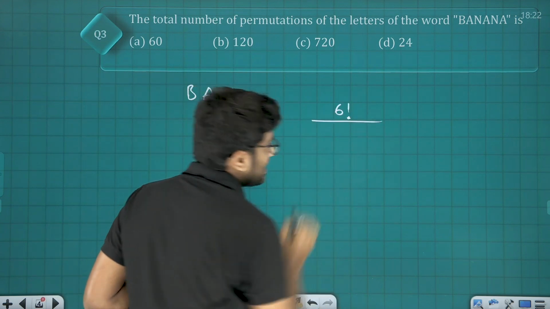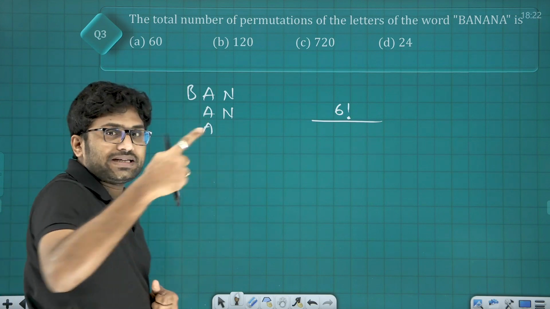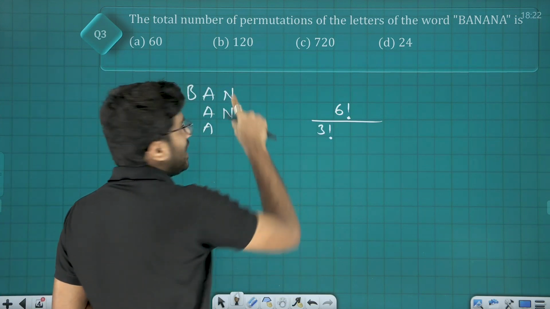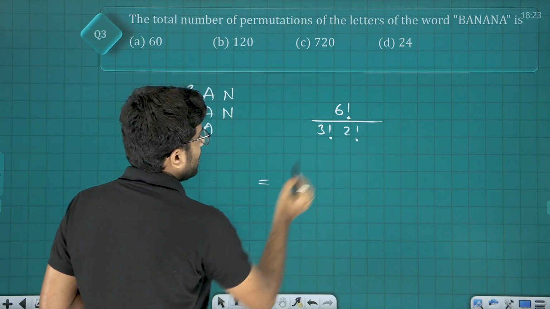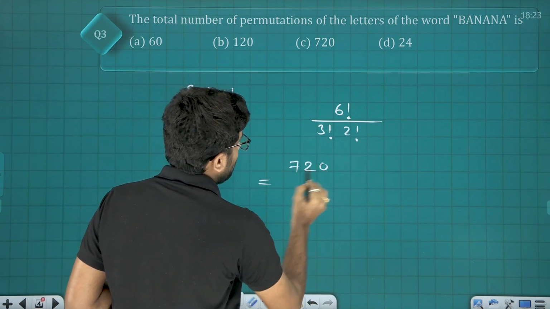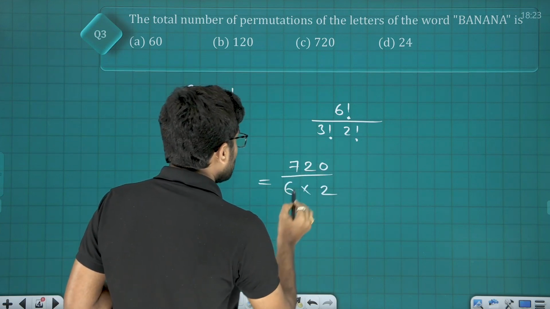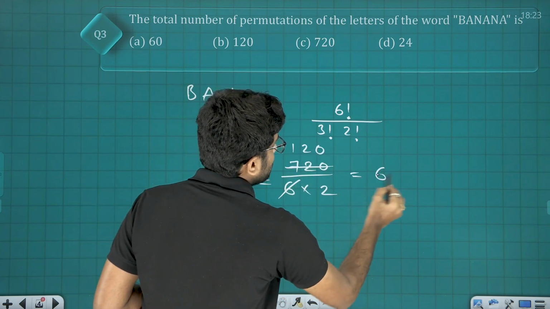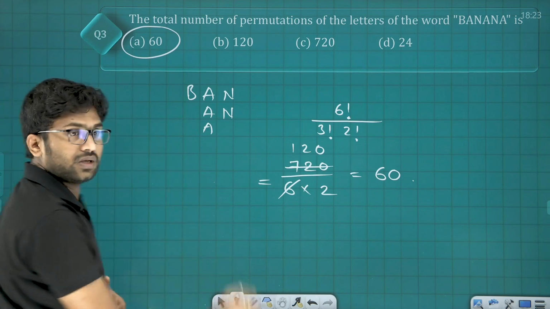But are all 6 letters distinct? No. 3 letters are alike of one kind, so we divide by 3 factorial. And 2 letters are alike of another kind, so divide by 2 factorial. So 6 factorial, which is 720, divided by 3 factorial and 2 factorial gives 720 by 12, which equals 60. The answer is option A. Clear?